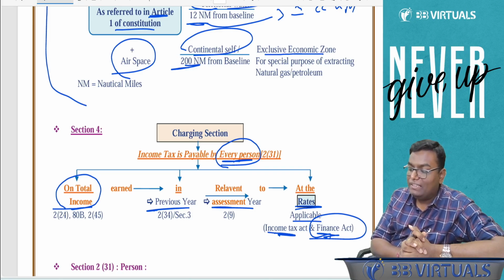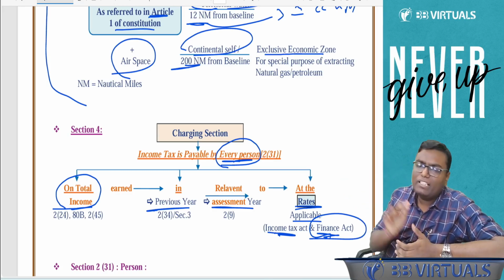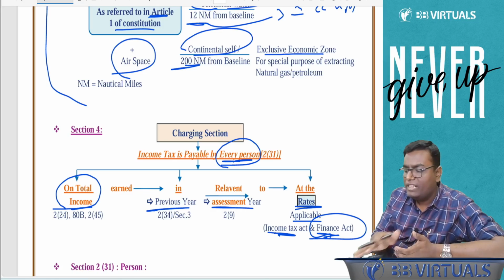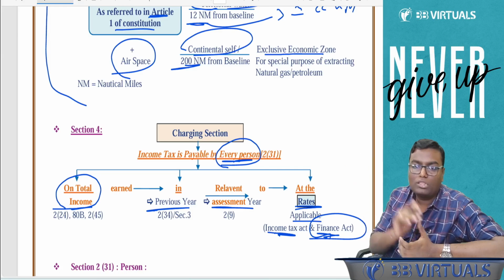Yes, option C, that is A and B both. Some tax rates are particularly given in the Income Tax Act. The majority of tax rates are given in each and every budget, that is the Finance Act. So the option is C, A and B both.